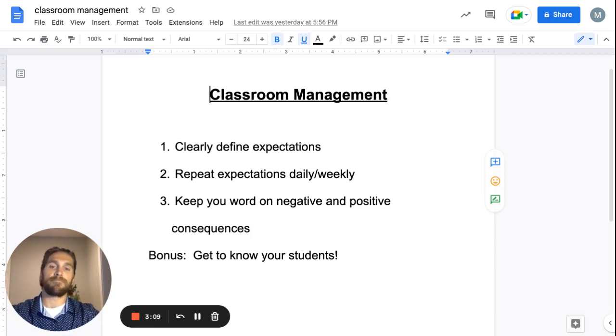Then you can continue to come back to those rules as the year goes on, and they made them up, so you can talk about how they should be following them.